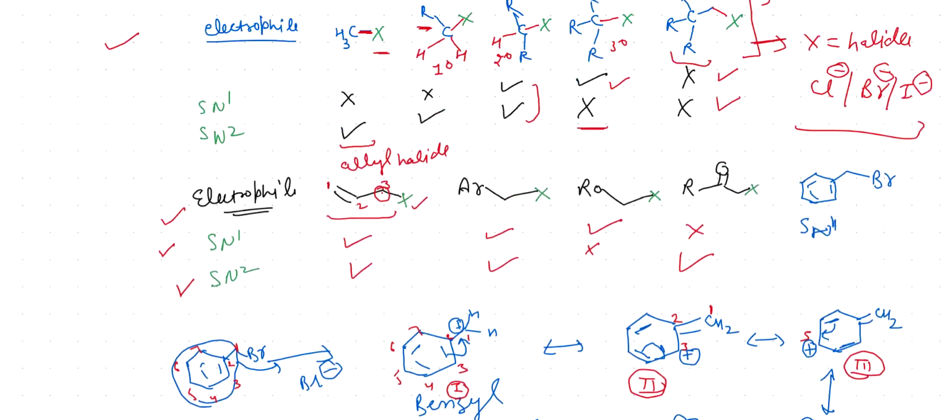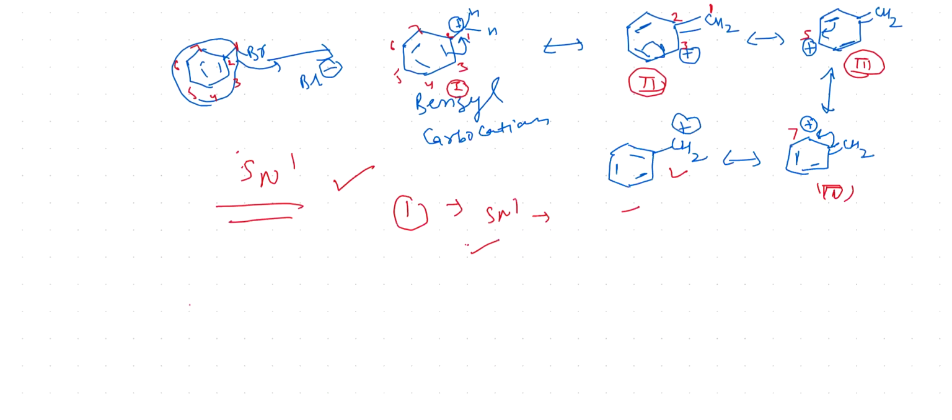See another example, an ether. Another example, we have the group R O CH2 Cl. So this is basically the ether group.